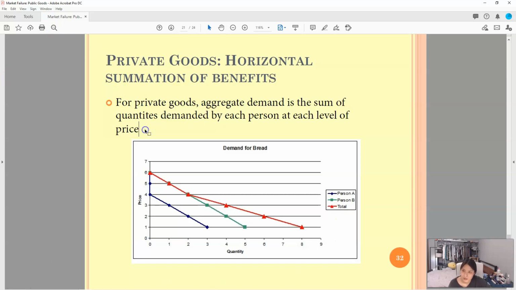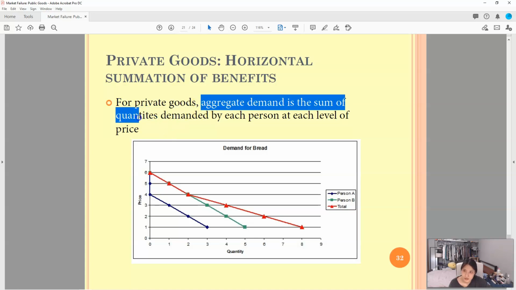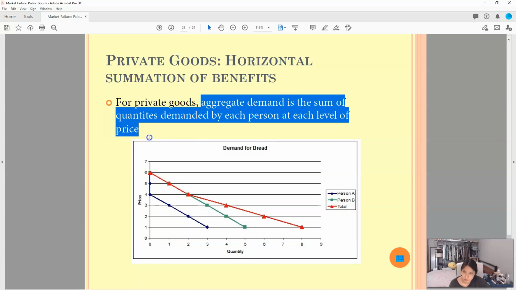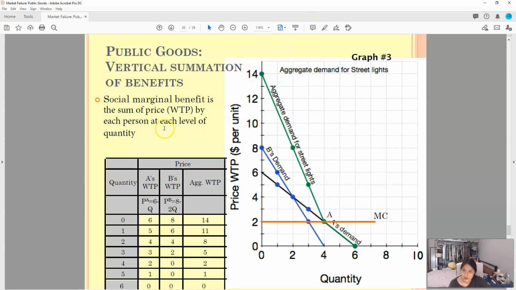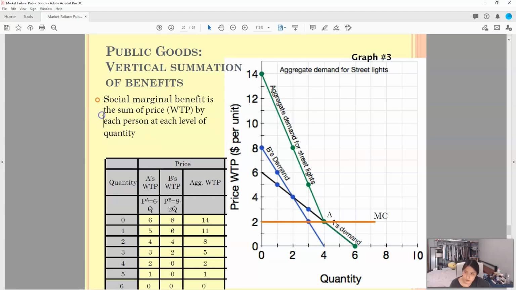We can conclude that for private goods, aggregate demand is the sum of quantity demanded by each person at each level of price. So think about for public good, the social marginal benefit, or we can say the aggregate demand, is the sum of price by each person at each level of quantity.